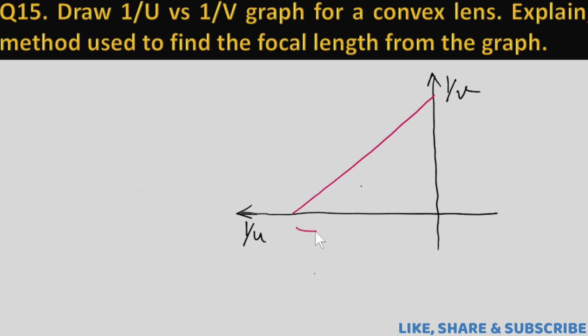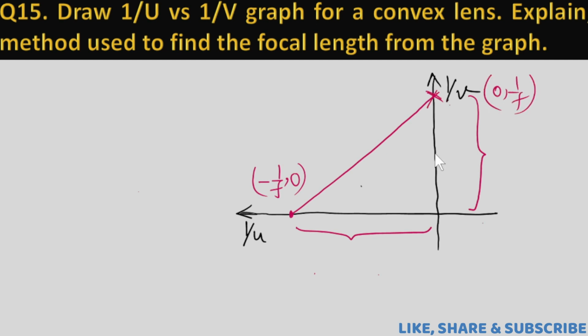Ideally, this value should be the same as this value, but while doing the experiment, we'll notice these will be slightly different. Anyway, the coordinate of this point happens to be minus 1 by f comma 0, and the coordinate of this point is 0 comma 1 by f. Assume this value and this value are slightly different.